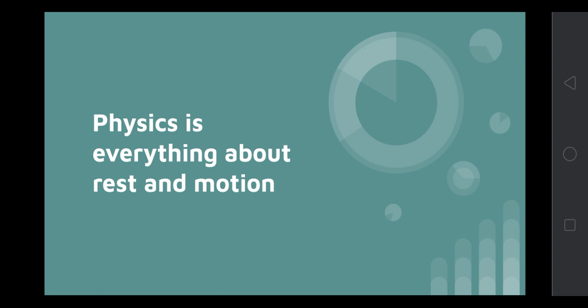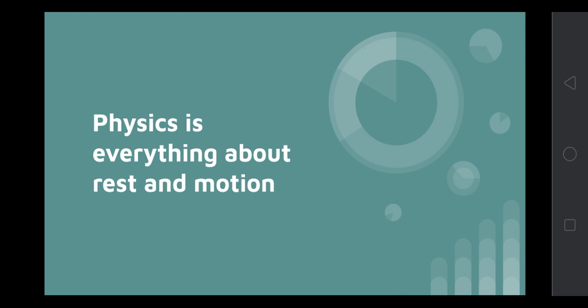Even if you look at the chapters in the NEET syllabus or the higher secondary syllabus, you'll find that the first few lessons give a basic idea about motion and rest, and further chapters define the types of motion.